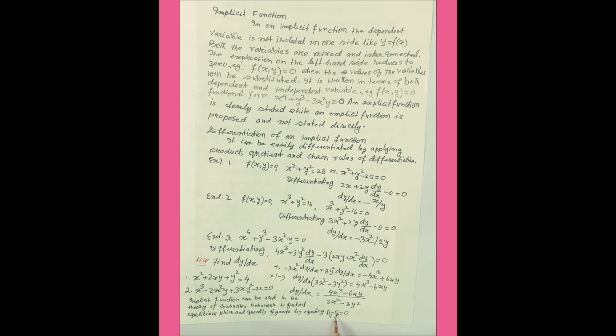This is widely used. This is the use of implicit function: we can find the equilibrium quantity and price in the market.